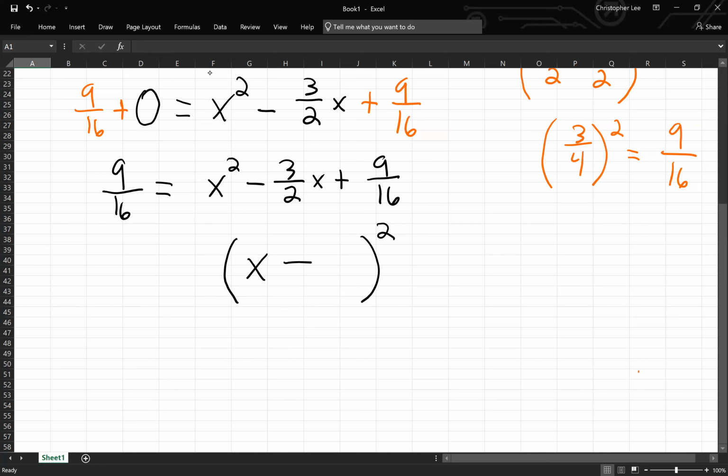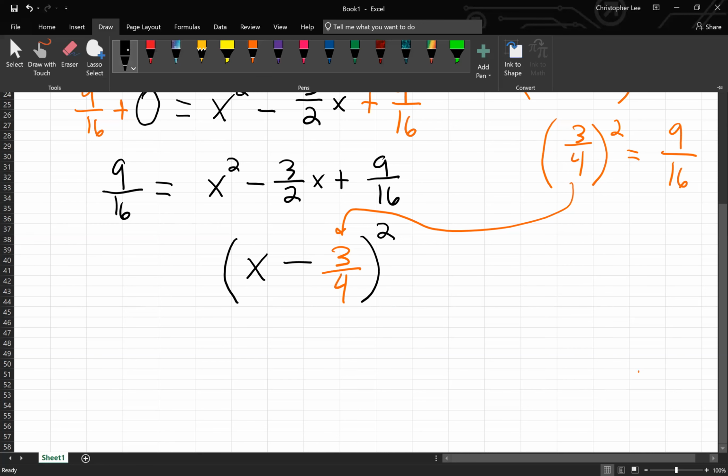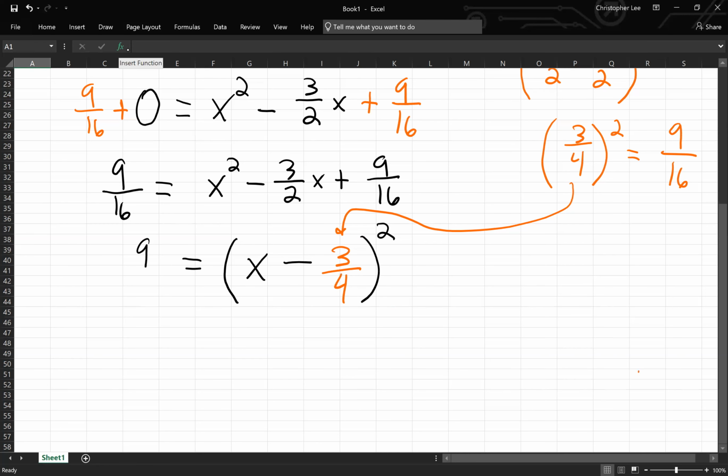No, but you're close though. What's next to the 9 over 16? 3 over 4. That's what goes there. So you don't have to figure it out. It's easy, I promise. This is 9 over 16 right here.